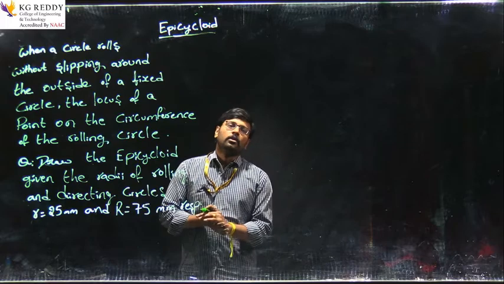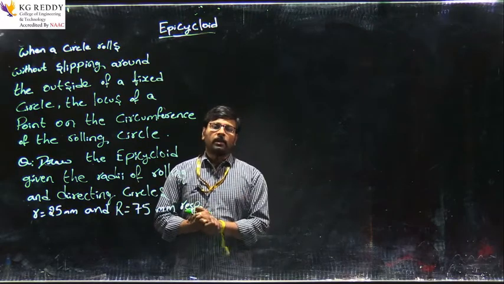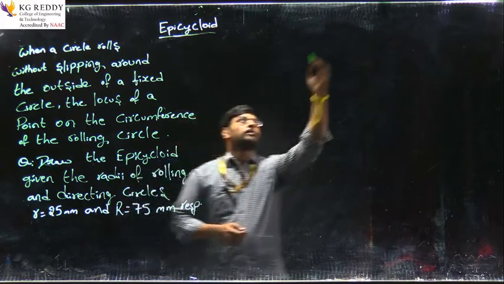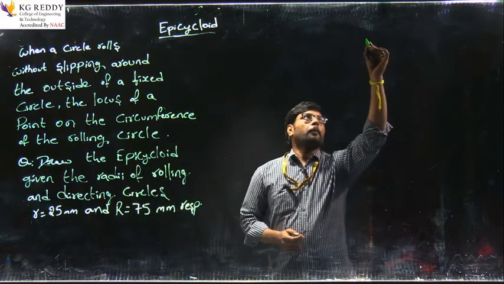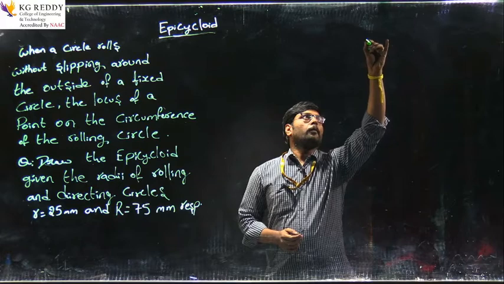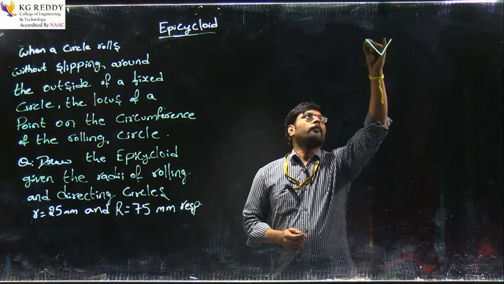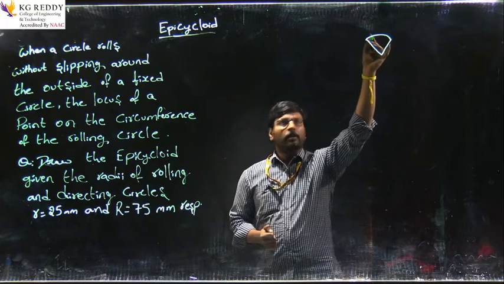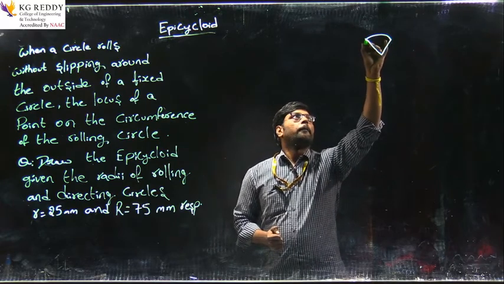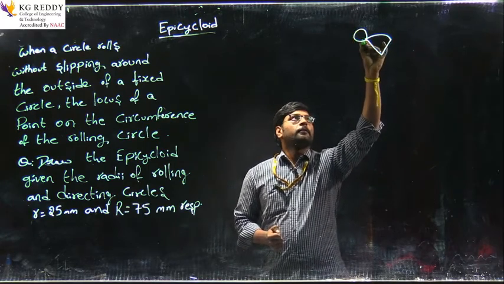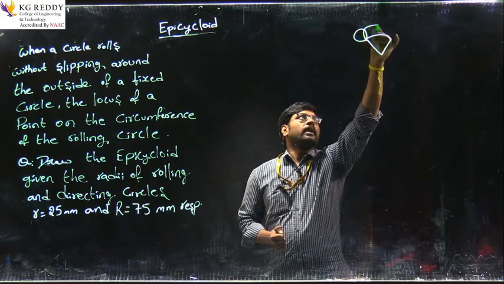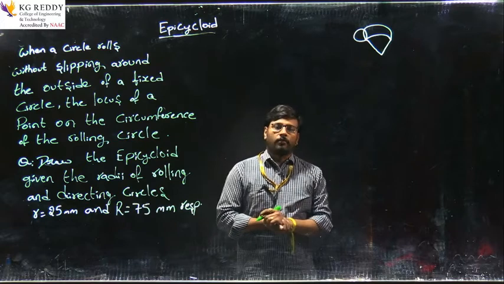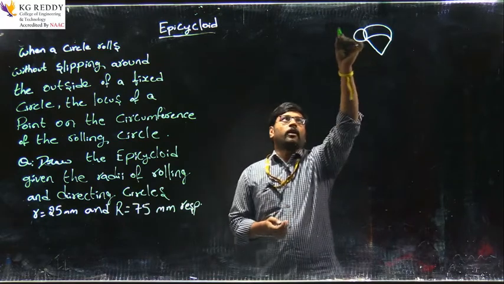First we have to know how the rough diagram will look for an epicycloid. This is the surface of the directing circle, here is the rolling circle, and the curve is like this. That is the basic rough diagram for an epicycloid.